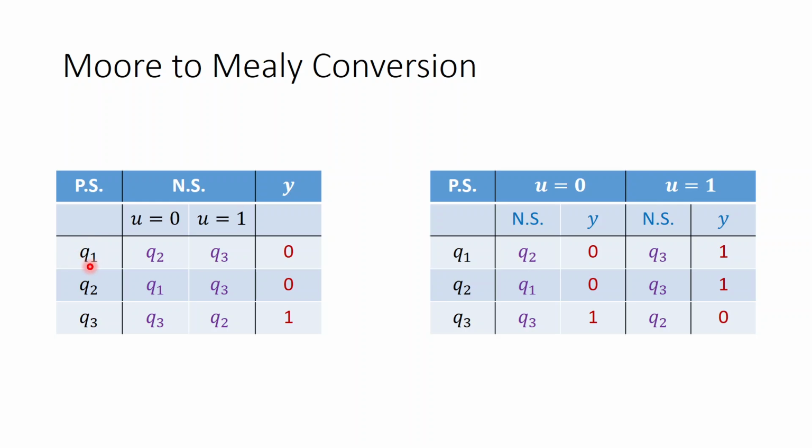We have to look at the output when the present state is Q1 in the Moore table, and that we assign here. So it is simply adding one additional output column, and that output column we fill up by looking at the present state and the output column of the Moore table. That's all we do. So it is much easier.